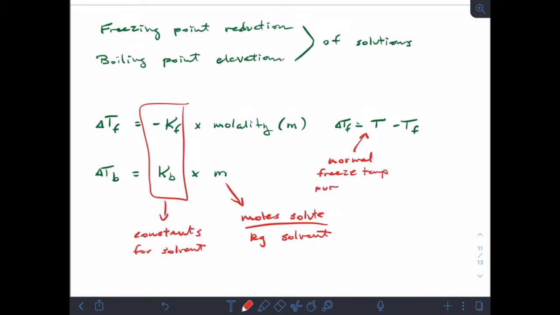Normal freeze temp for pure solvent versus the new Tf for the mixture.